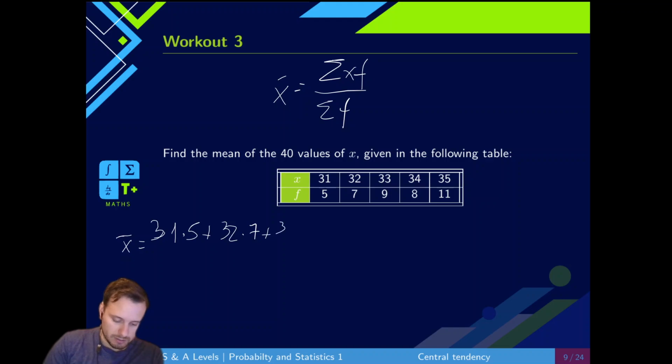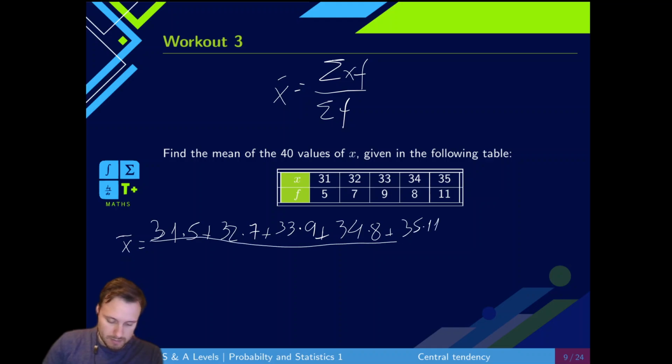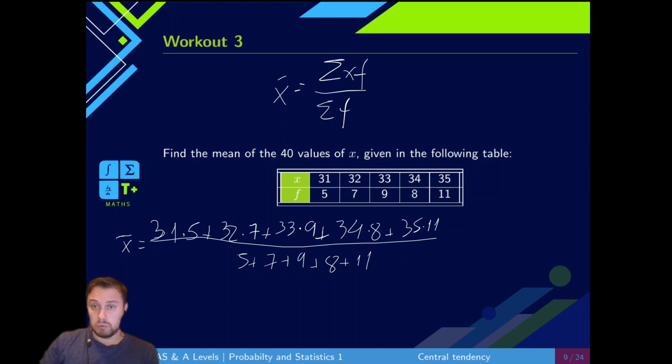Then the 33 we multiply by 9, the 34 we multiply by 8, and the 35 we multiply by 11, and everything here we divide over 5 plus 7 plus 9 plus 8 plus 11. So therefore we have the operation that we would need to make.